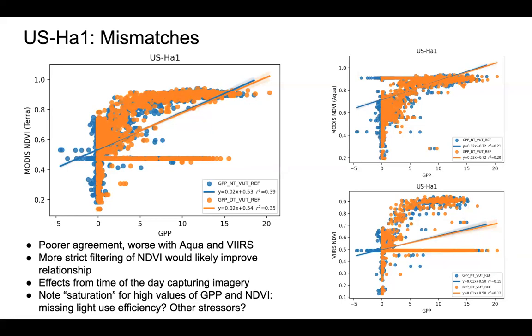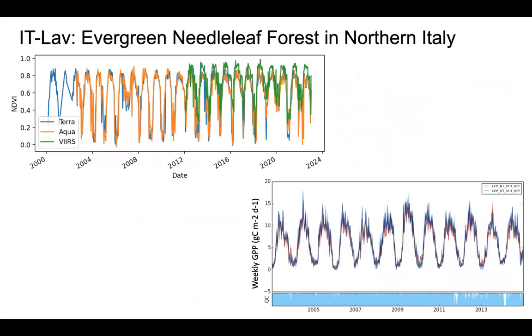We could think that this is potentially because we are doing this very simple relationship and we are missing something like a light use efficiency effect or potentially other stressors that are impacting the ecosystem. So this is a sign that this relationship has limited explaining power for the question that we're trying to answer, right? This is one thing that is noticeable here.